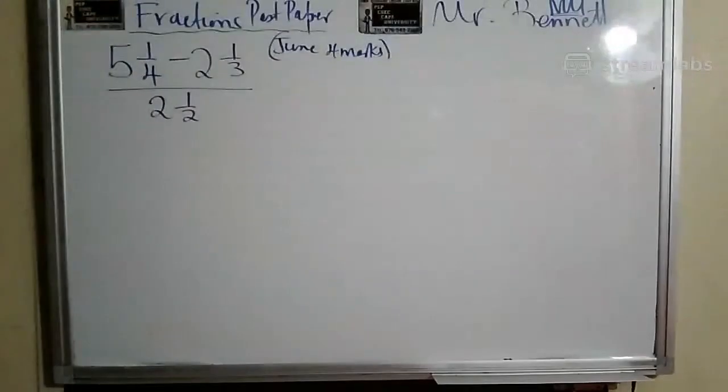In those times, I guess CSEC used to give away more marks. So it was worth 4 marks, and it was June 89.